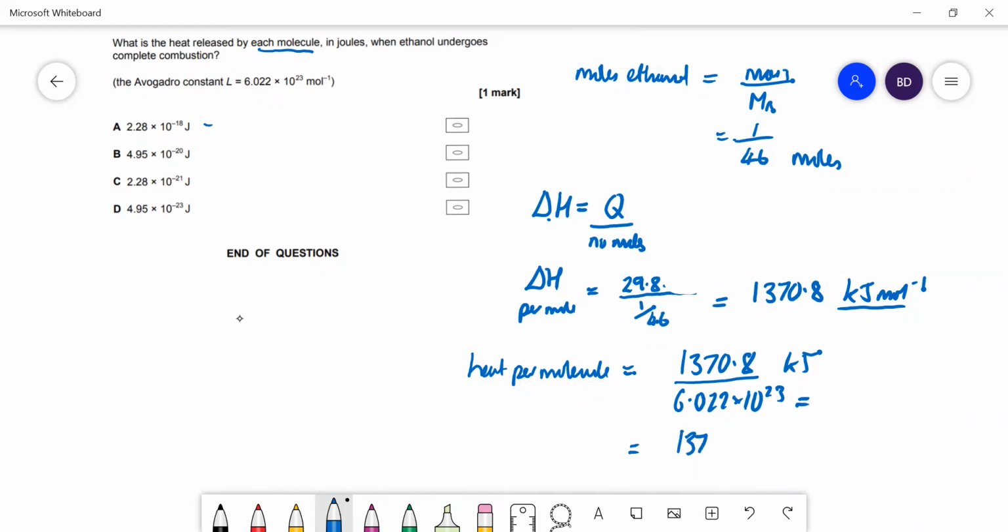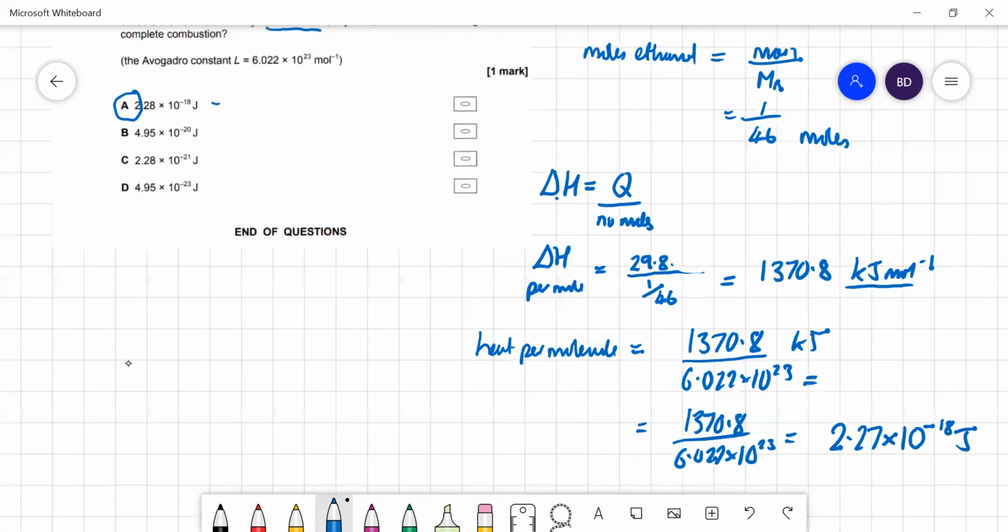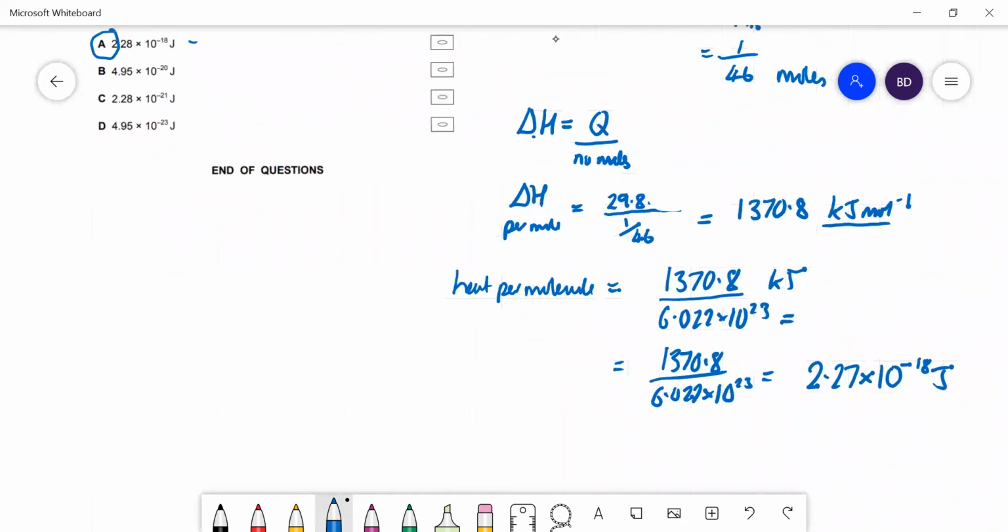So that's 1370.8 over that. That is equal to 2.27 times 10 to the minus 18 joules. And that is question A. That is answer A. Okay, so that is the end of the 2019 paper 2.